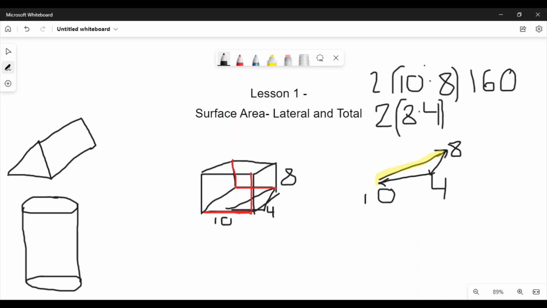So you just multiply by 2, which is 32 times 2, so 64. And you have the 10 times 4, so it's 4 times 10, and that answer multiplied by 2. Same reason, there's a top and the bottom, so it's the same, which is 80.